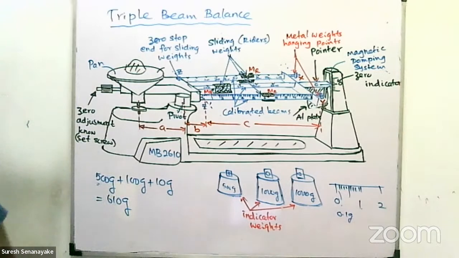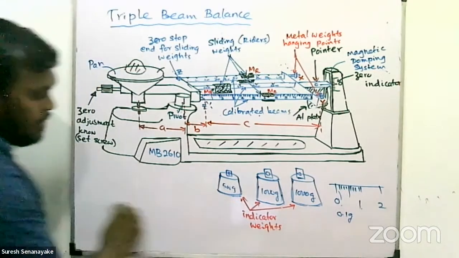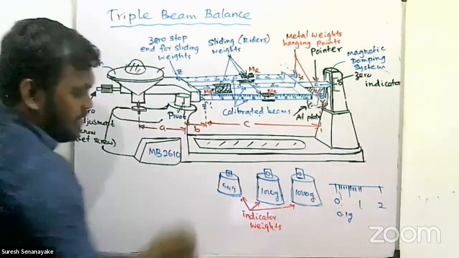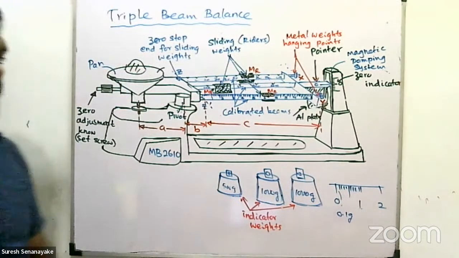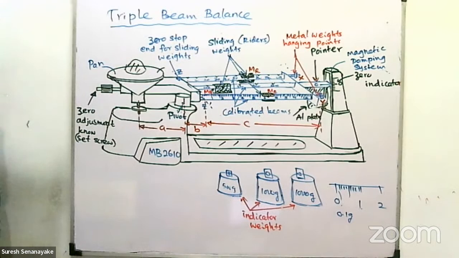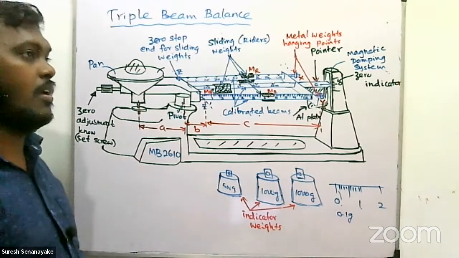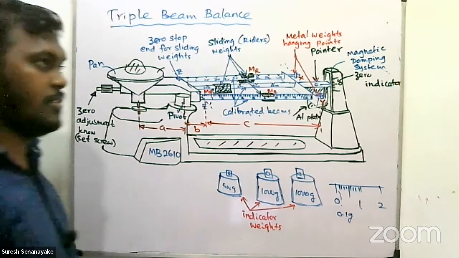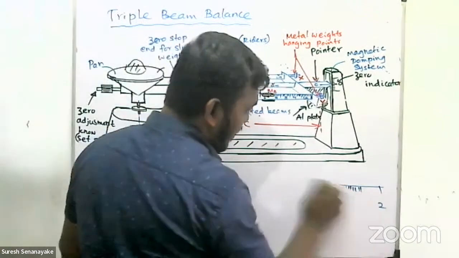The maximum and minimum masses that can be measured using this triple beam balance vary as follows.